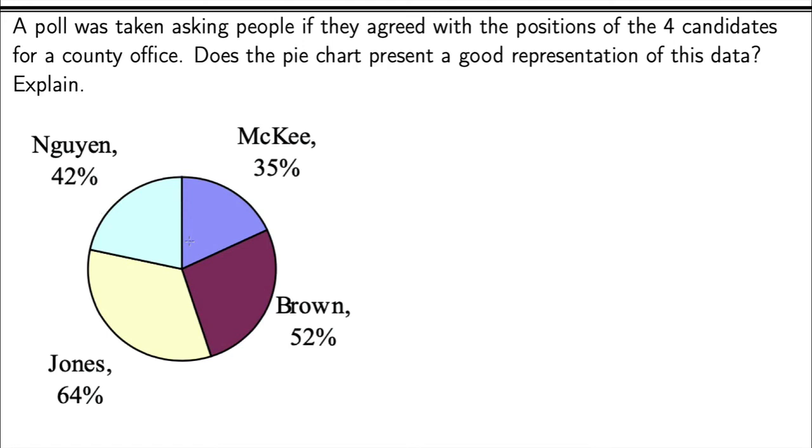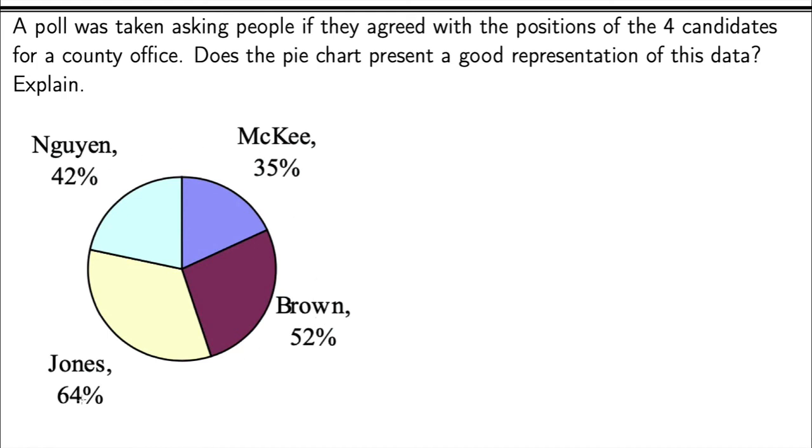The problem, however, is that this is a pie chart, and pie charts are meant to represent the whole. And while these 4 candidates may be all the candidates, the numbers themselves don't actually represent parts of the whole. Okay, if you were to add these all up, you're not getting 100%.